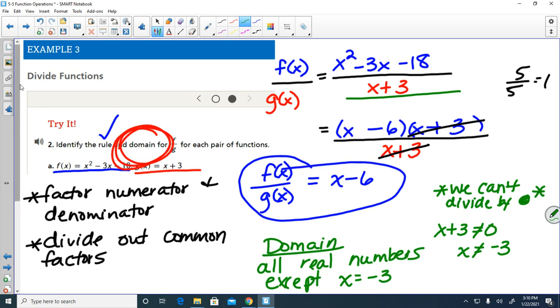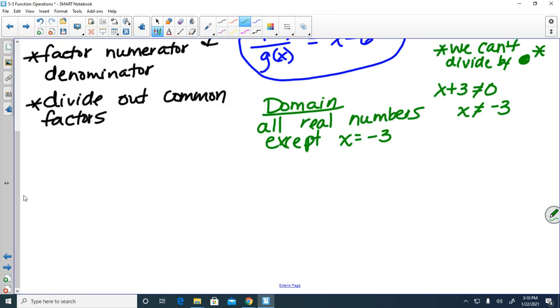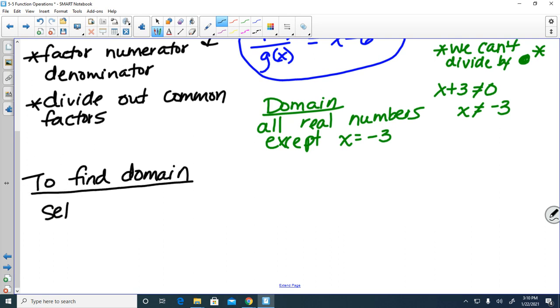So to find the domain for these, let's summarize that. To find the domain, you're going to set the denominator not equal to 0 and solve.